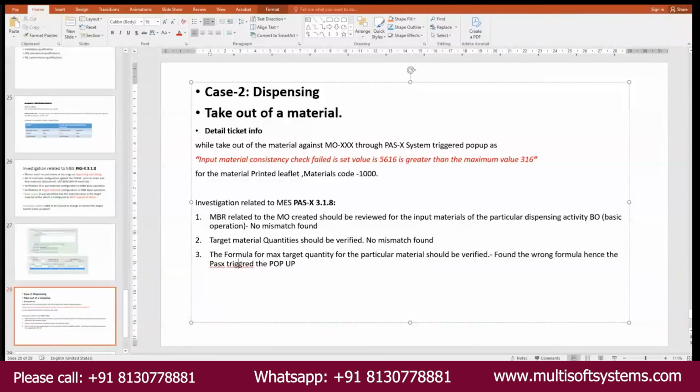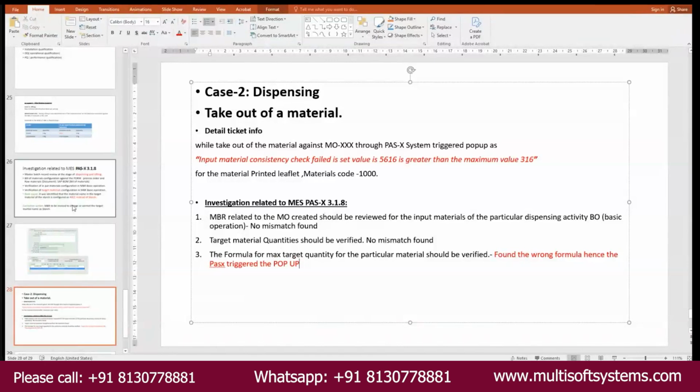Hence PAS-X triggered the pop-up. So this is the max input, and it throws an error. This is the investigation we have done. So what is the corrective action? The formula is wrong to calculate it.